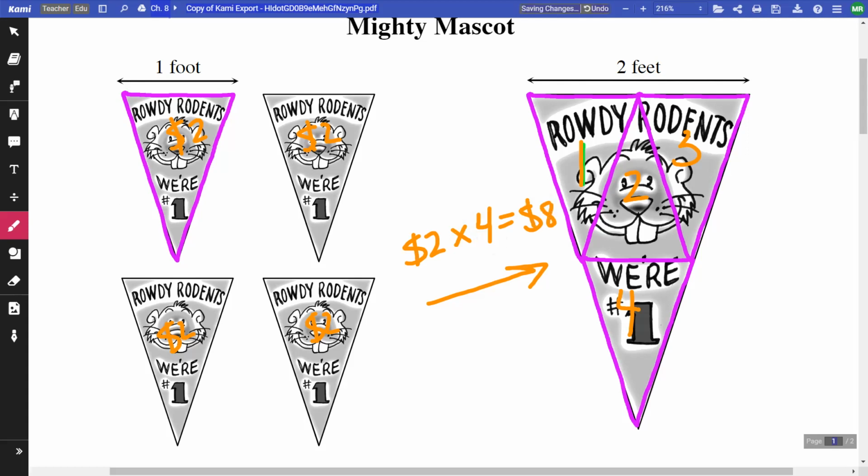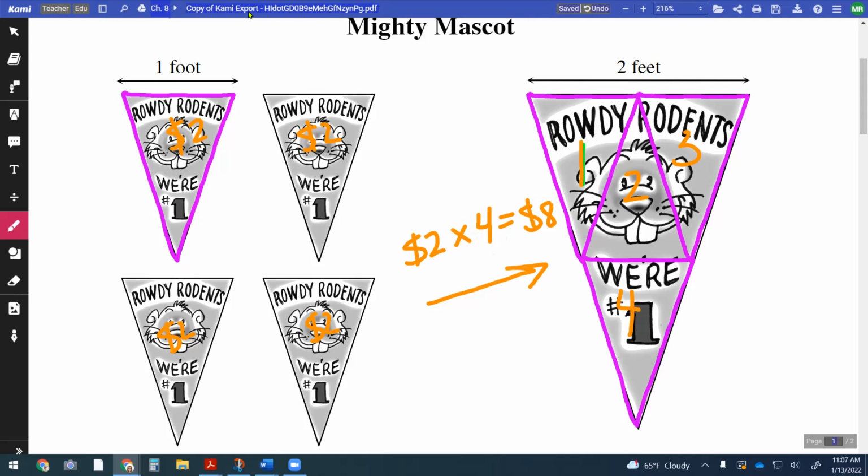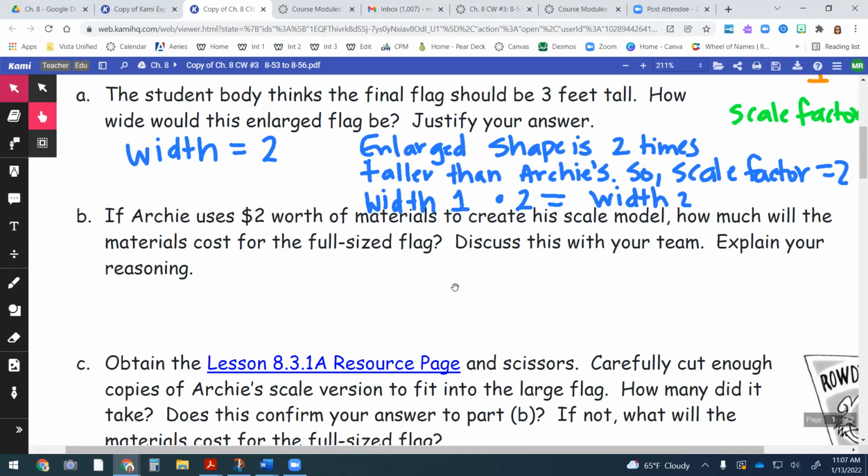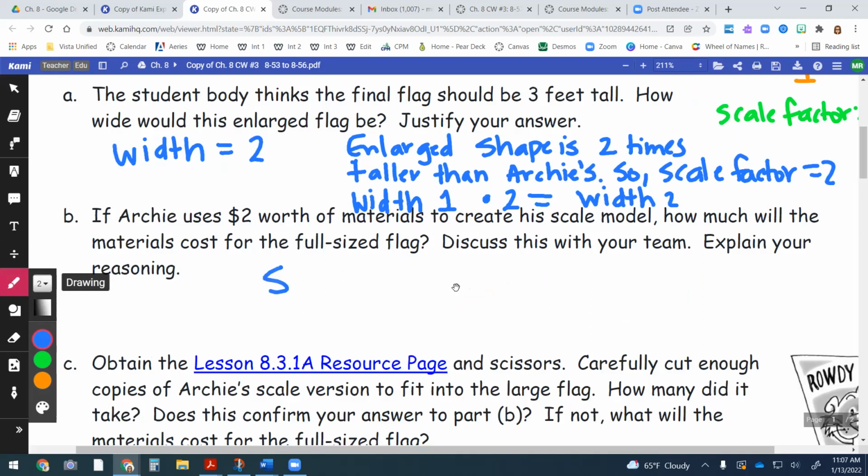So that's what we should have had on this question B. So again, a lot of students answered $4. I had a couple who answered 8. But what it was is it's $2 times 4 of the flags, because that's how many will make that big one. And it's going to be $8.